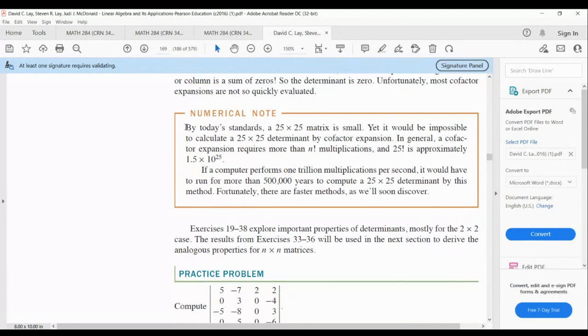By today's standards, a 25 by 25 matrix is small, yet it would be impossible to calculate a 25 by 25 determinant by cofactor expansion.